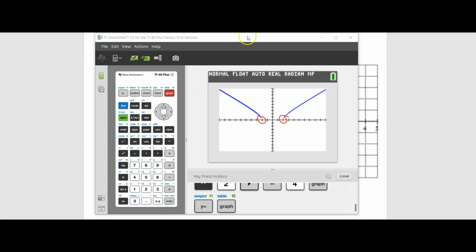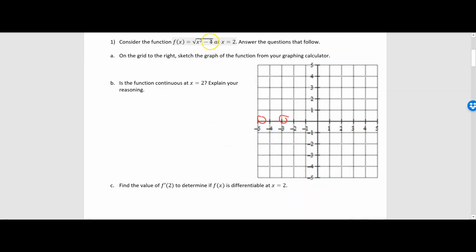If you think about this function, the square root of x squared minus 4, if I substitute in 2 and negative 2, that function is defined. I get 0 both times. So it does go all the way down and touch the x-axis at negative 2 and positive 2. So we get a graph that looks like that.